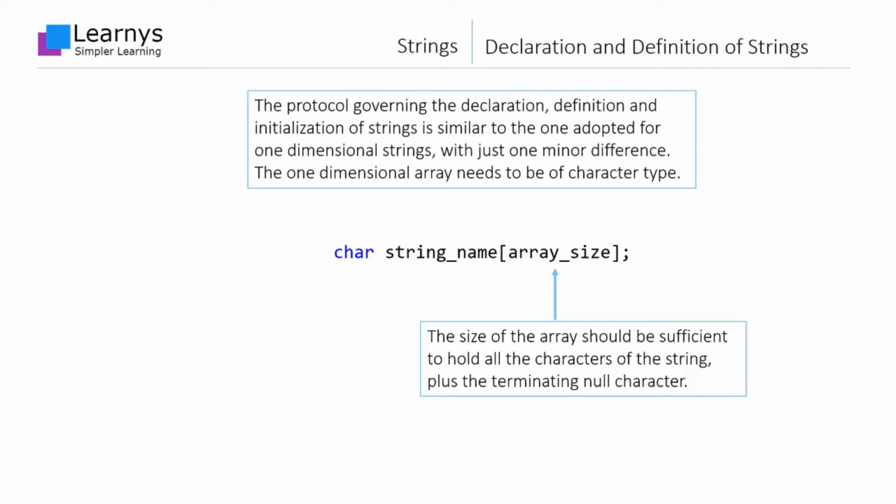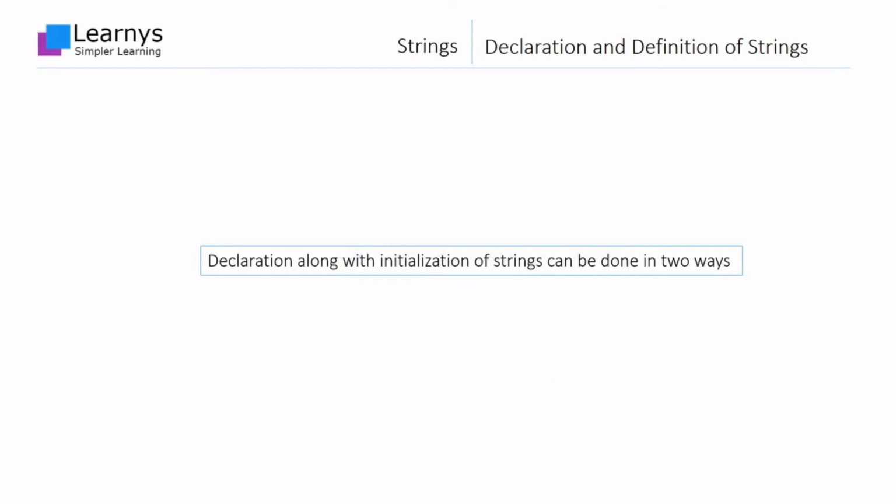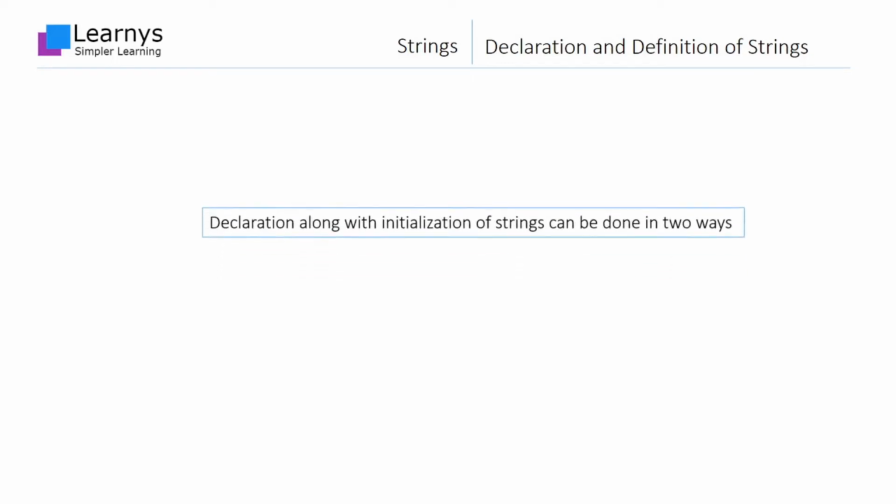Having seen the syntax of declaring a string, let's learn how to declare and initialize the string in one go. Like 1D arrays, a string can also be initialized while being declared. The syntax of declaring a string remains the same as shown before. The initialization can be done in any of the following two ways.